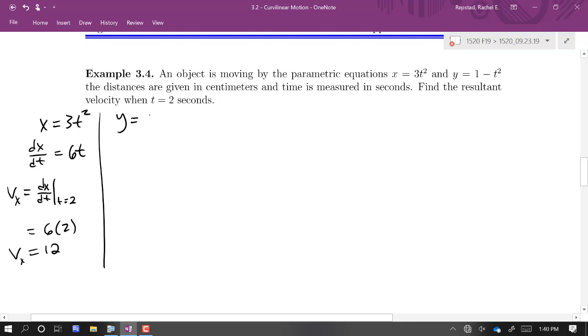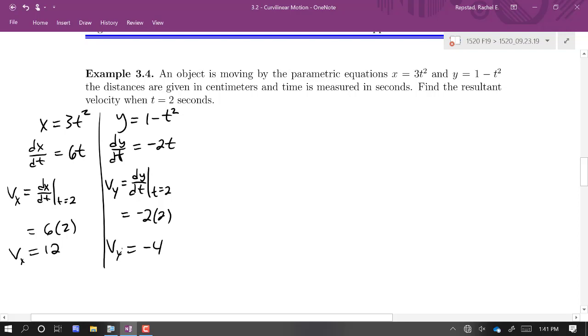Our y function, 1 minus t squared. So we're going to find dy/dt. What's that? Negative 2t. And so for Vy, I'm going to evaluate this at that same time, which is -4.